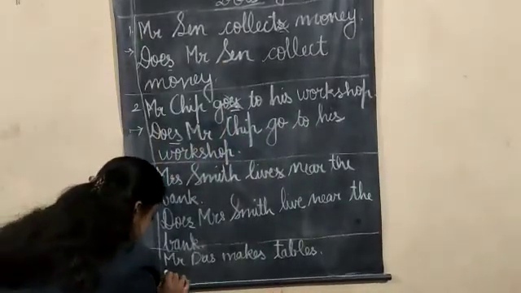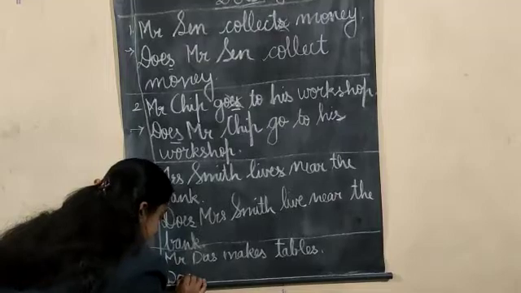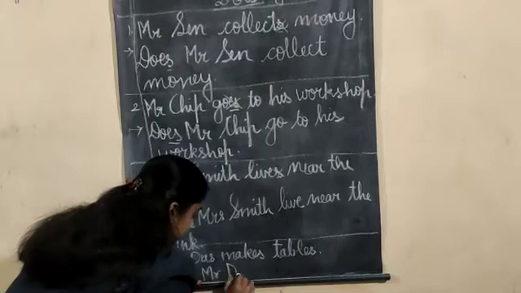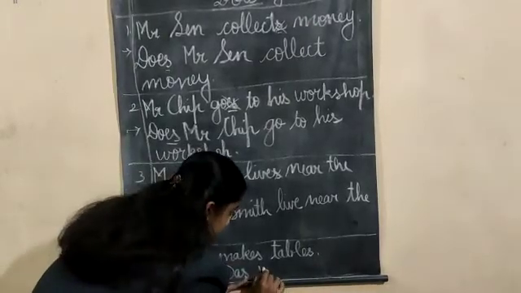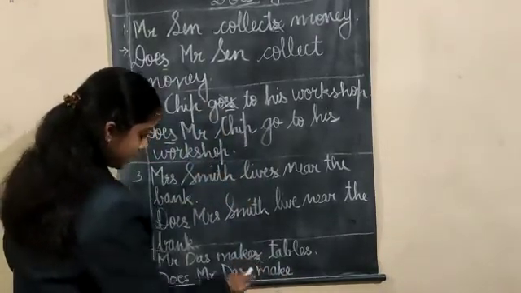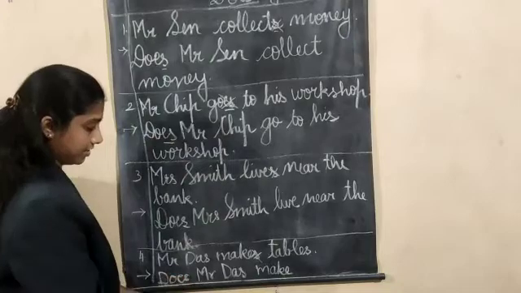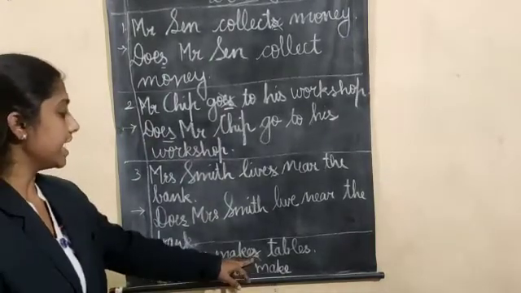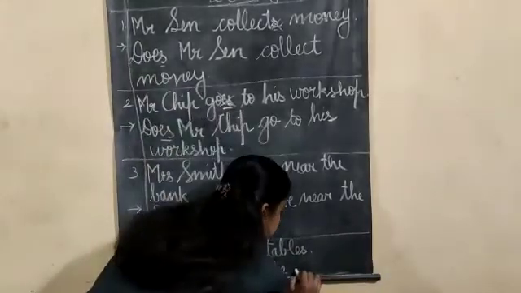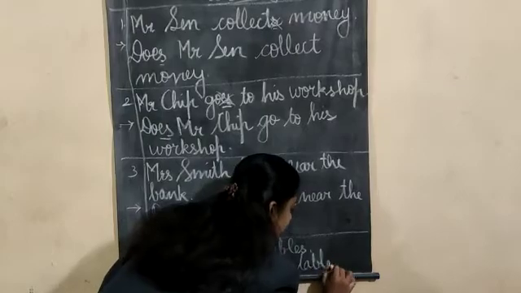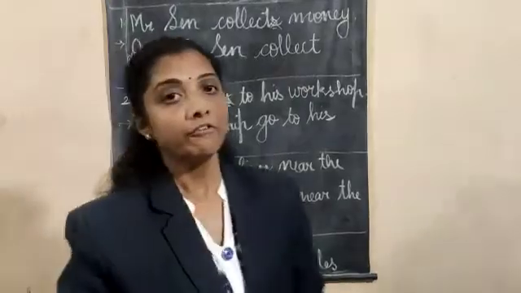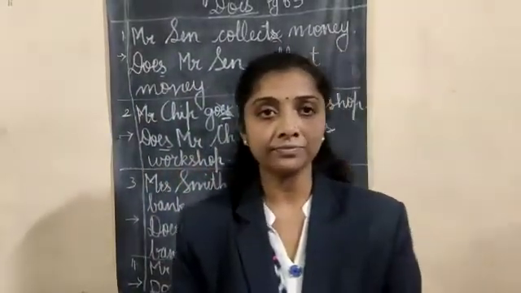So does, D-O-E-S, does Mr. Das make. Make. This S is already there in does. So we delete this S and only write make. Does Mr. Das make tables? T-A-B-L-E-S, tables.